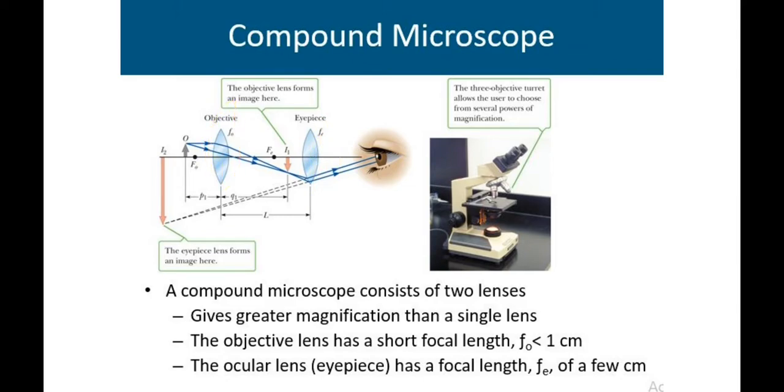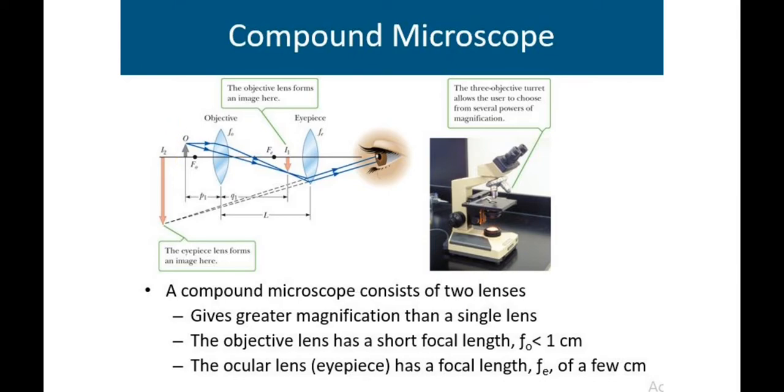The objective lens for a microscope has a very short focal length, normally less than 1 centimeter, sometimes even a few millimeters at maximum. And the ocular lens or eyepiece has a focal length of about a few centimeters. So you see how light is going.